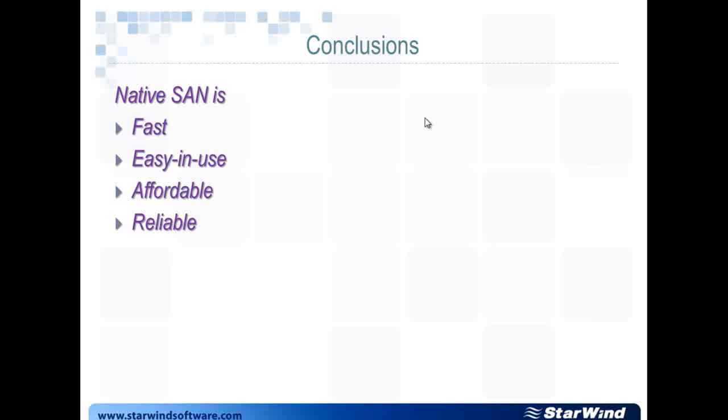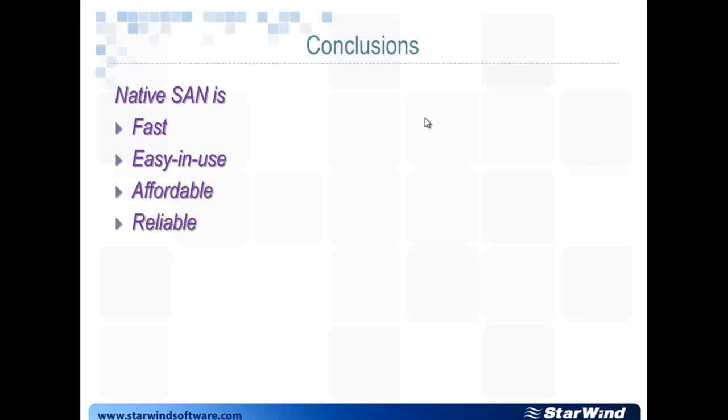It's easy to use, as are all the products developed by the StarWind company and team. You shouldn't spend hours, days, or weeks to learn how it works. For me, it took only 3 minutes or even less to create a HA storage. It's affordable. StarWind Native SAN is the most affordable solution with enterprise features on the world market, and you shouldn't purchase additional hardware for it, which cuts down your expenses also.